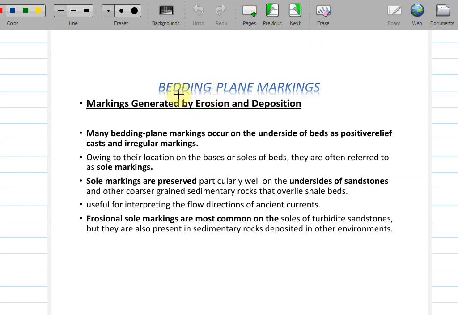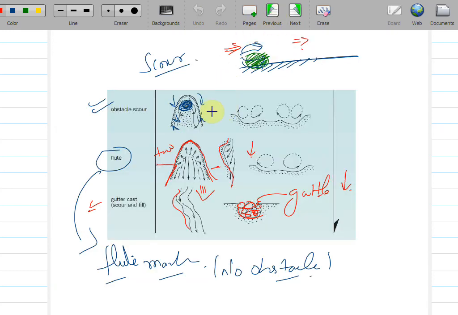Now let's talk about bedding plane markings. Now bedding plane markings are basically, again, the previous structures were also bedding plane markings, but what happens is that when these depressions, the scours and the flutes, they get filled up by the sediments.